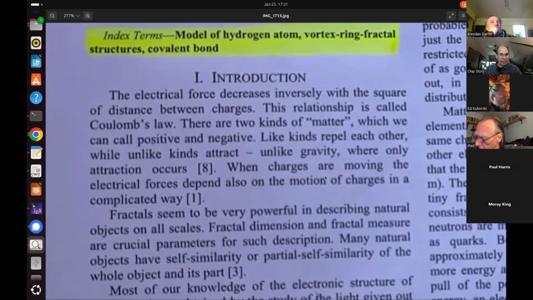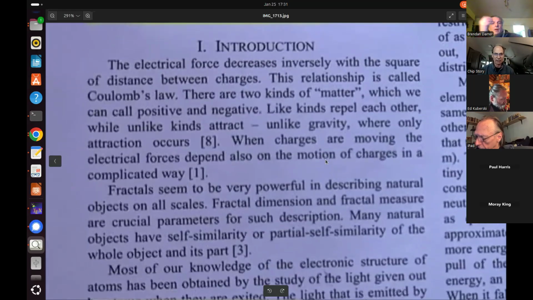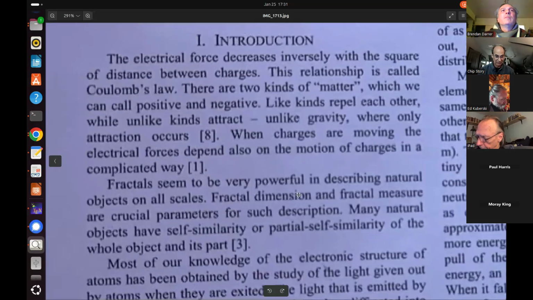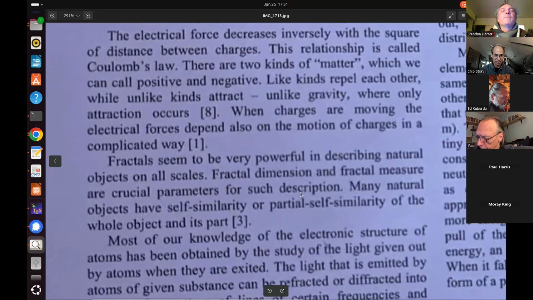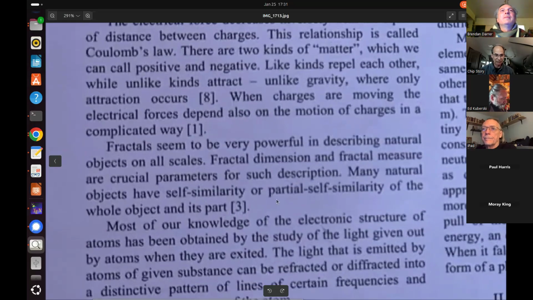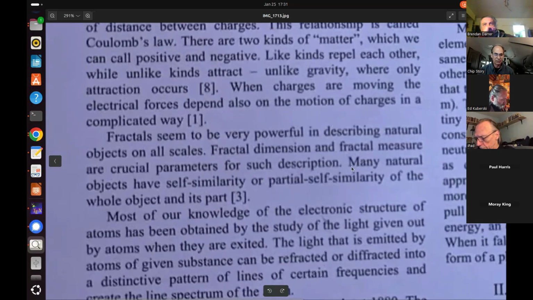Introduction. Number 1, the electrical force decreases inversely with the square of distance between charges. This relationship is called Coulomb's law. There are 2 kinds of matter, which we can call positive and negative. Like kinds repel each other, while unlike kinds attract. Unlike gravity, where only attraction occurs.